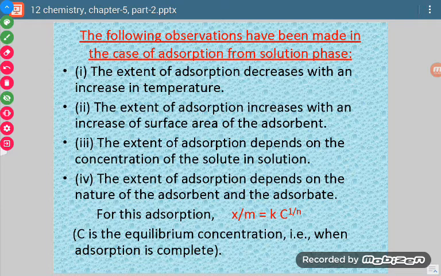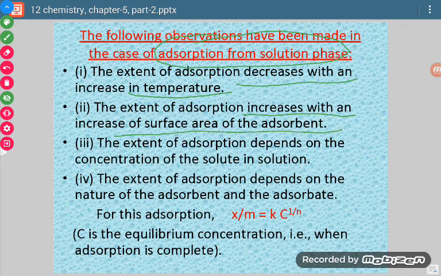Very first thing, the extent of adsorption decreases with increase in temperature. This is for adsorption from the solution phase. Second, the extent of adsorption increases with an increase in surface area of the adsorbent.